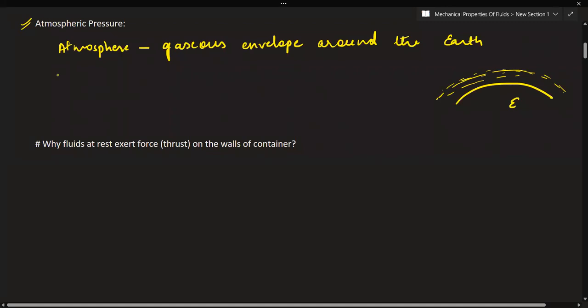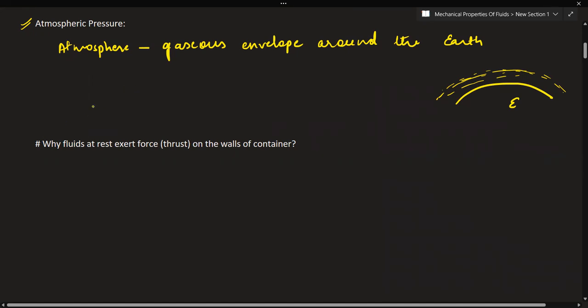See, the density of air decreases as we go up from the surface of the earth. So therefore, atmospheric pressure is maximum on the surface of earth and goes on decreasing as we go up. Since the density of air is not constant, we are not able to calculate the atmospheric pressure accurately. We measure it with a device known as barometer.